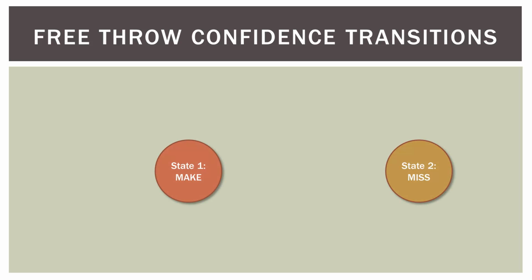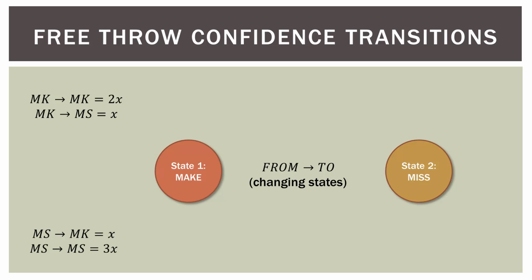So let's go ahead and do a transition diagram. So our state 1 is make, state 2 is miss. So that's just a reminder of our probabilities there as they're stated in the problem.